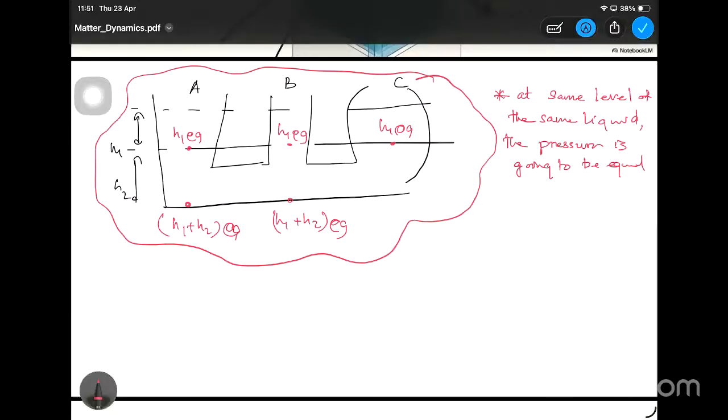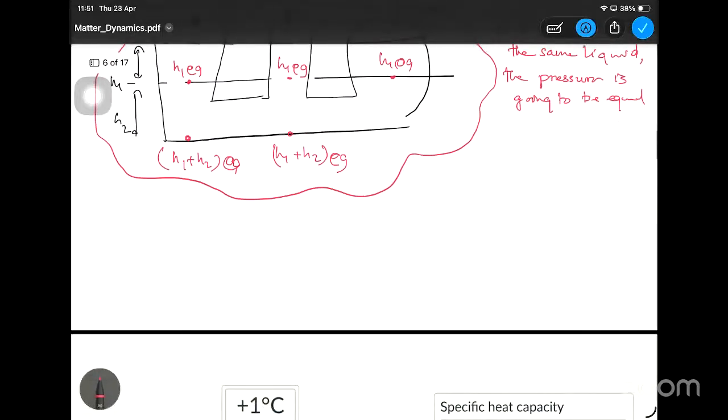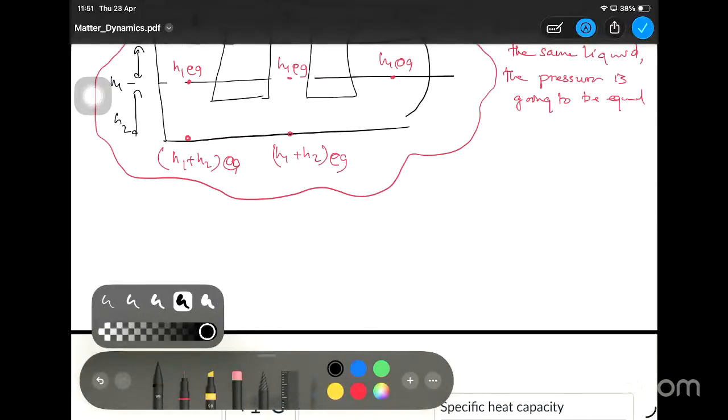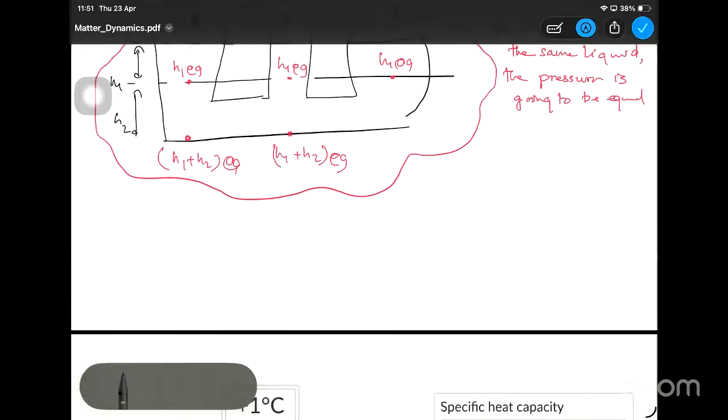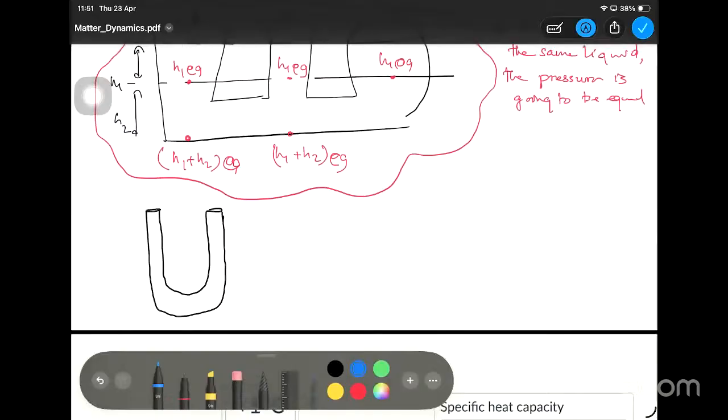The same theory will be used when we are dealing with U-tubes as well. A U-tube is a glass equipment which is made in the shape of a letter U, like this.